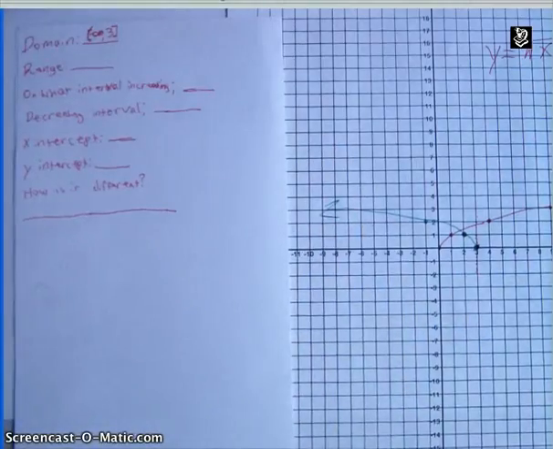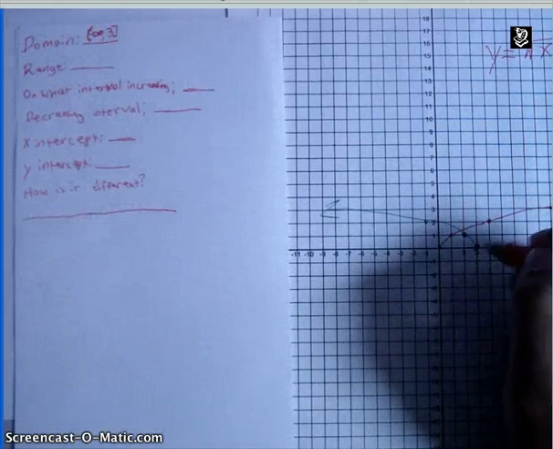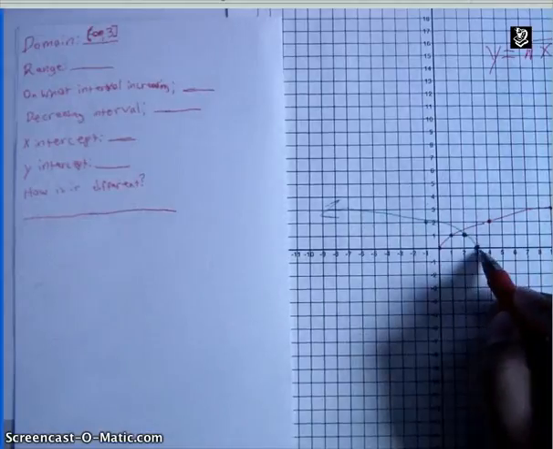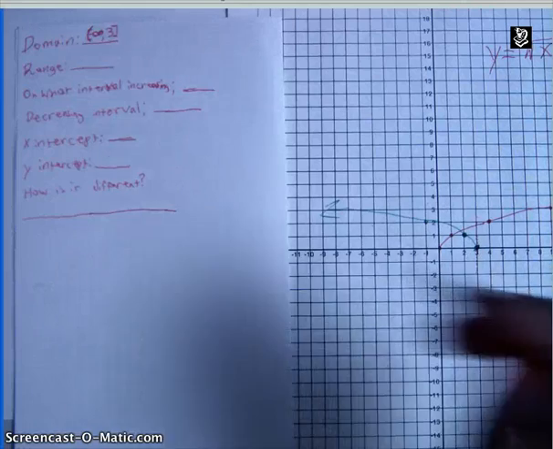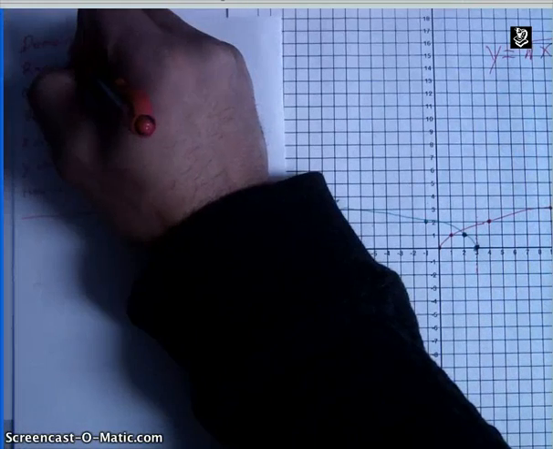All right, and then we look at our range. In this case, what is the bottom that I can go on this graph? Well, the bottom that I can go on this graph is 0. I'm not going to go anywhere below 0, am I? So I know since that's the bottom, it needs to go on the left side of my interval, but it can be included, so we're going to put 0 here.